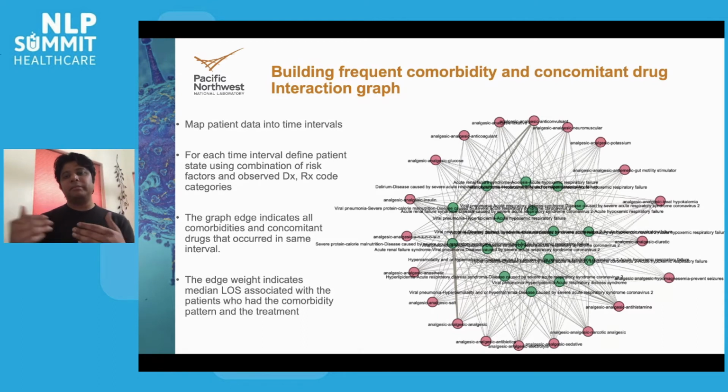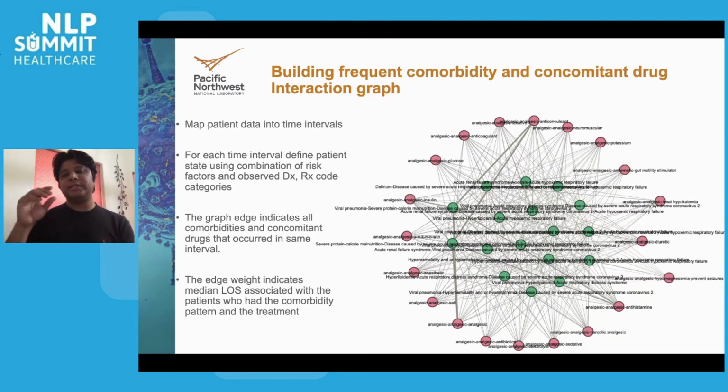And then we can build this graph that says that a top comorbidity pattern, which are the green nodes, is related with the top treatment pattern, which are the pink nodes, if they were administered at the same time. A patient having the comorbidity was given the treatment.